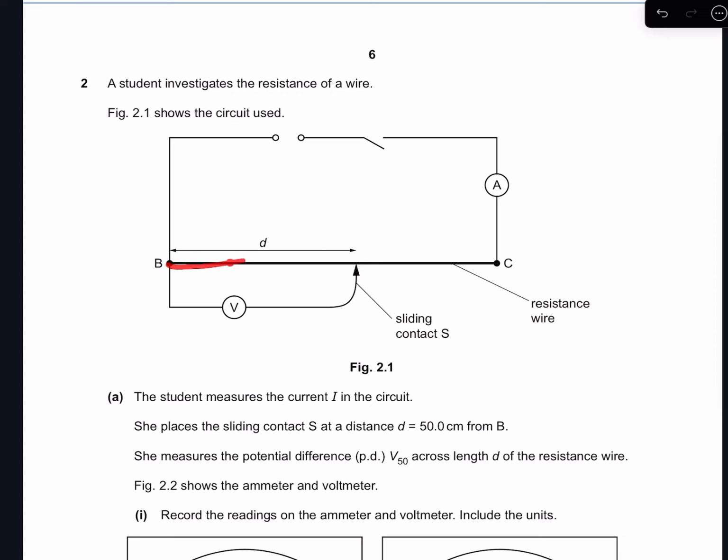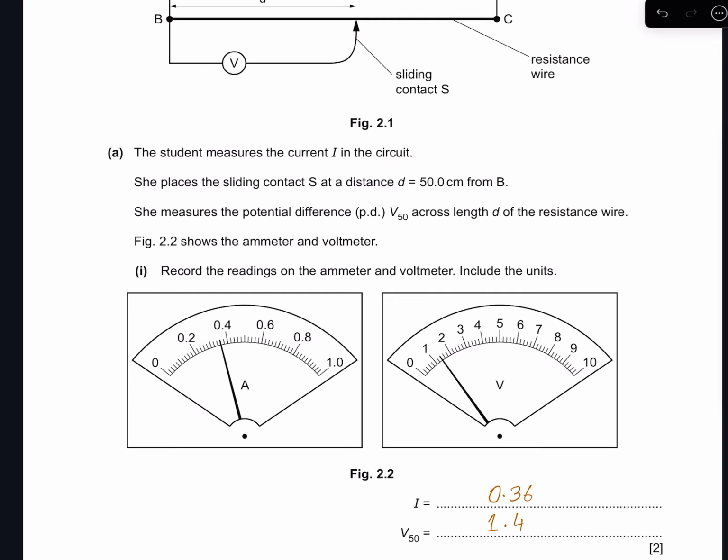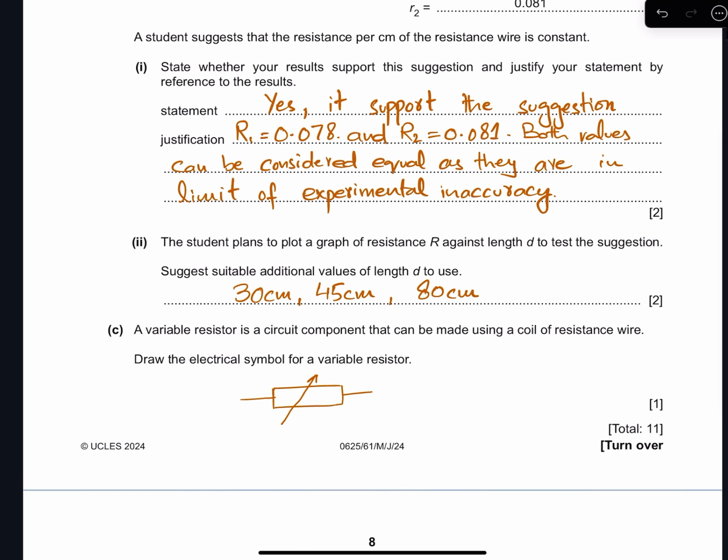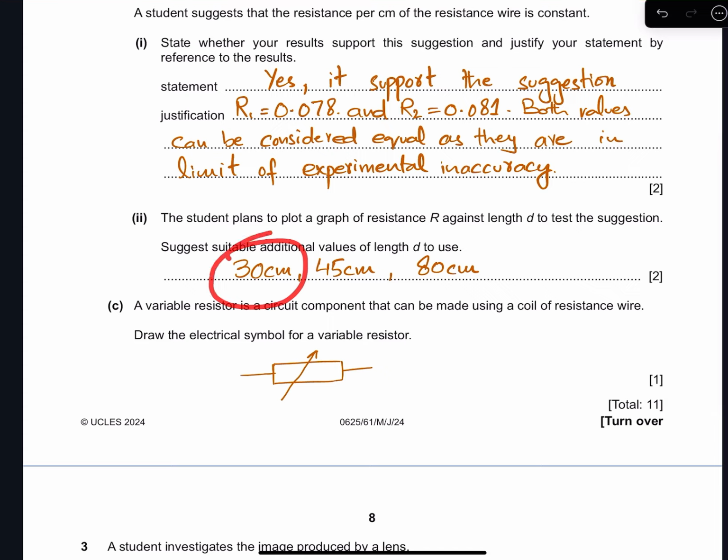So your total length is 100 centimeters, that is given, right? So the values can be between 0 to 100 centimeters, any value. Some values they have already taken, 50, and 75 is also used. So apart from them you can write down any values. What I have chosen is 30, 45, 80. Now you can take anything. You can take 90, you can take 60, you can take 20. Okay, it's your choice.